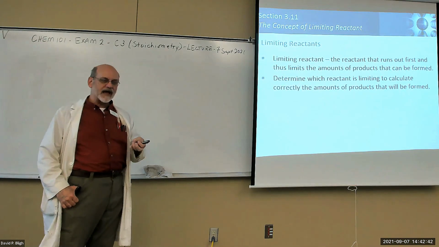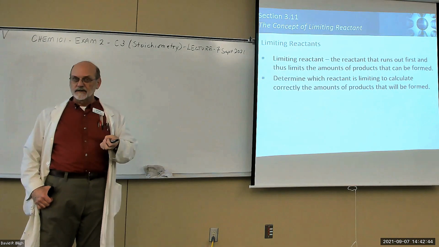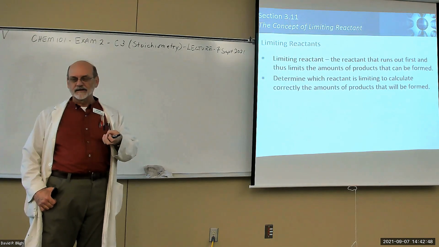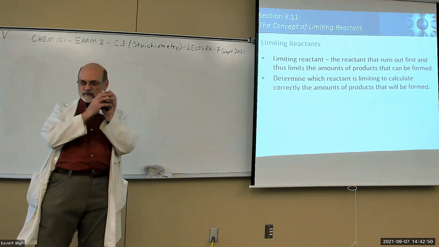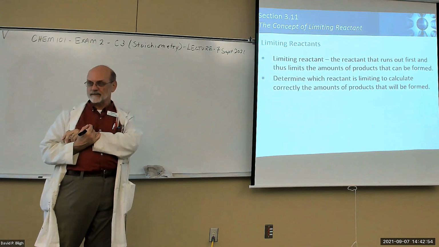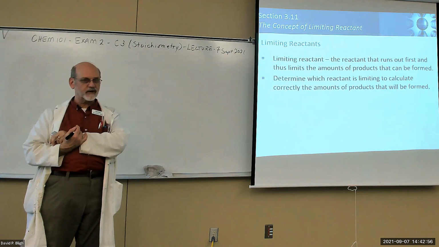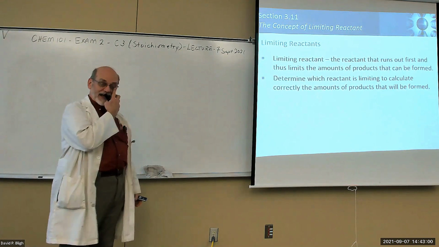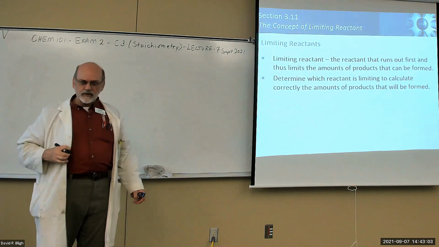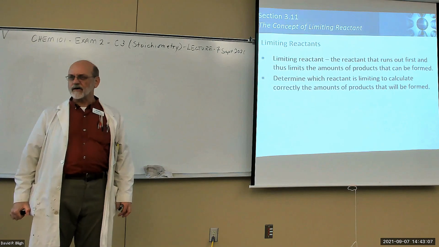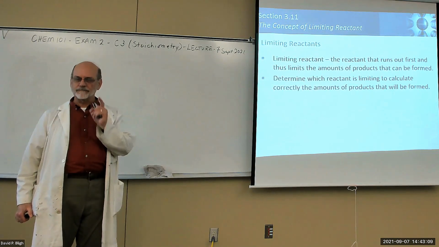If you have 2 reactants or more, you can never measure them exactly, such that they're all consumed and gone to produce products. That's called the stoichiometric mixture. It's purely theoretical, but we got to start somewhere. In reality, even if you use the most accurate balances, there's going to be enough error in there that one of them is going to run out first.